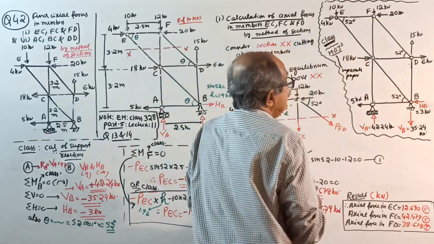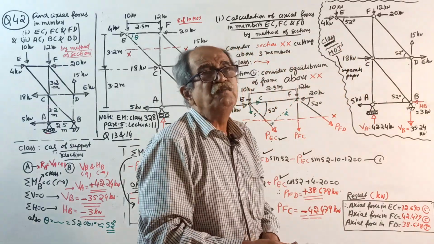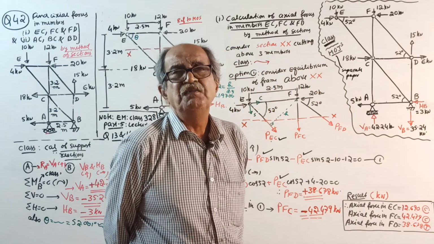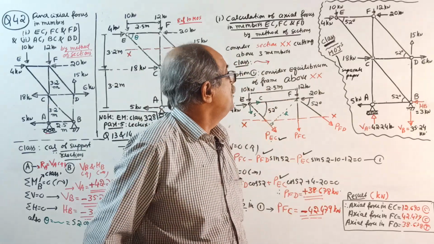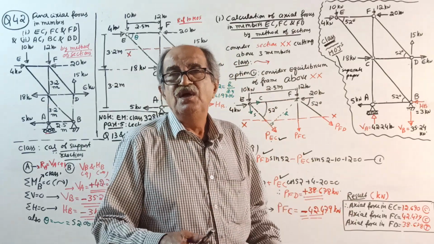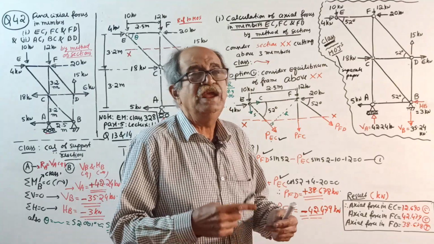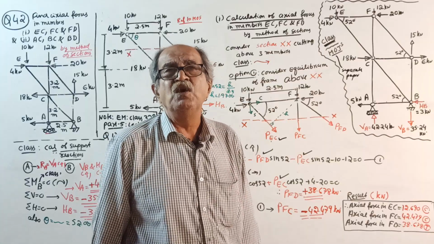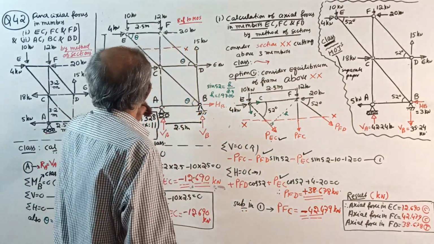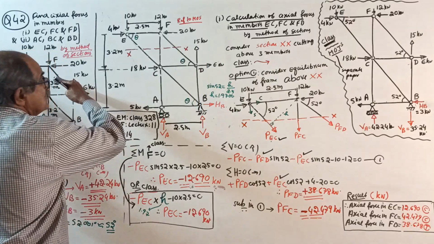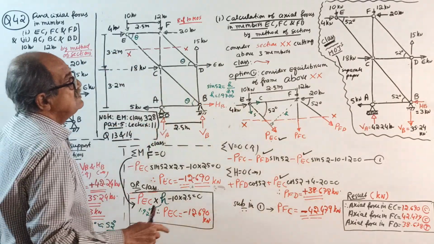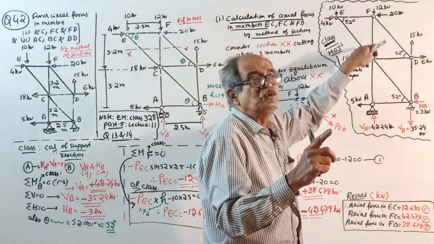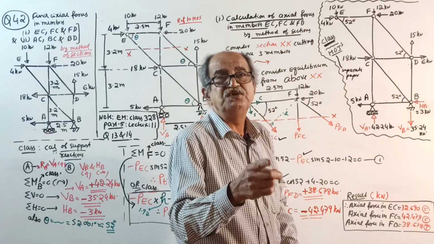This question is for method of sections, not for method of joints. Method of joint already over. Still, for me or for us means you, to get more and more thorough knowledge, earlier this question, the frame was leaning to right side, now the frame is leaning to left side. Let me also solve this question by method of joint.